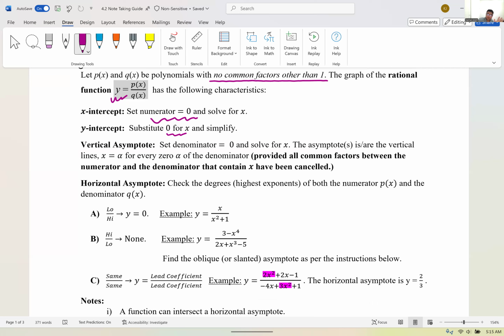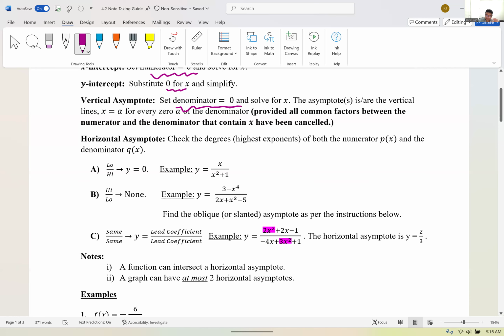Similarly, while if I have to sketch the graph of a function, I need to know where the asymptotes are, right? And you take the denominator and set it to 0, you will get the vertical asymptotes. Okay. The horizontal asymptote is a little different.